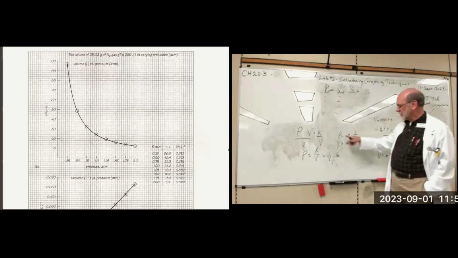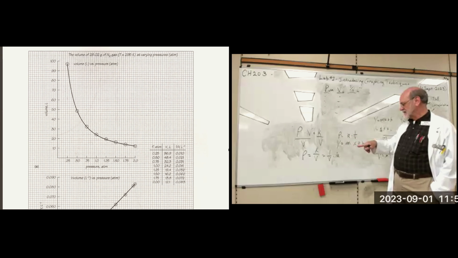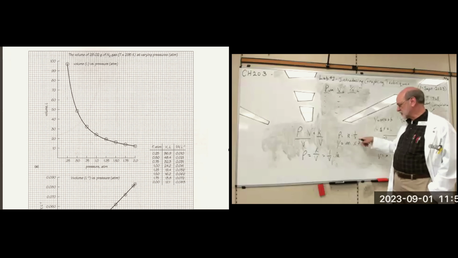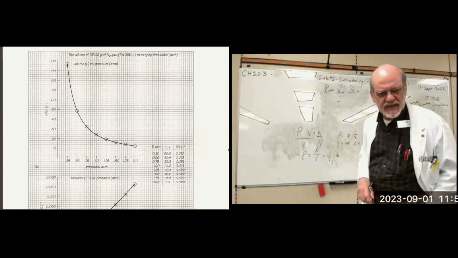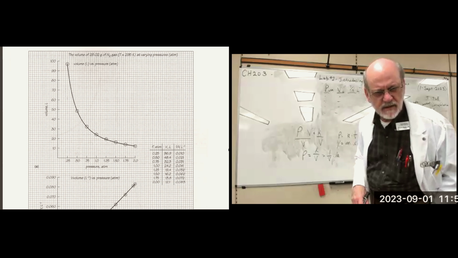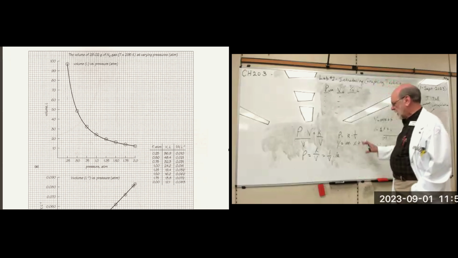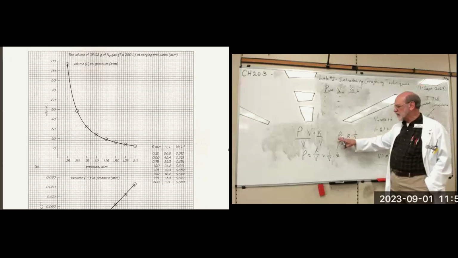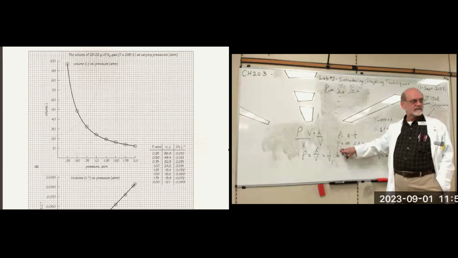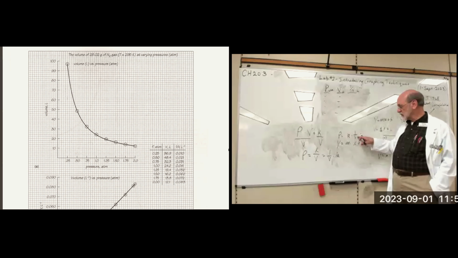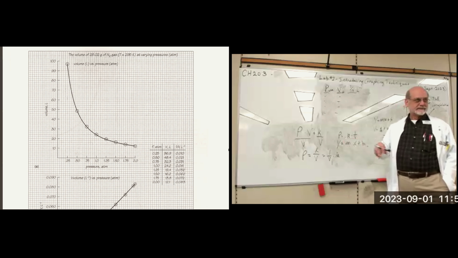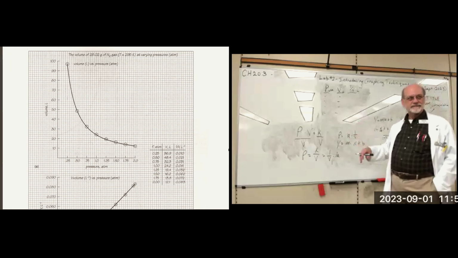If we plot P against 1 over V. Now they put P on the X. Yeah, that's right. The way this is written, it says P is Y, right? The dependent variable, but it's not. This is still the dependent variable. It just turned out that way.